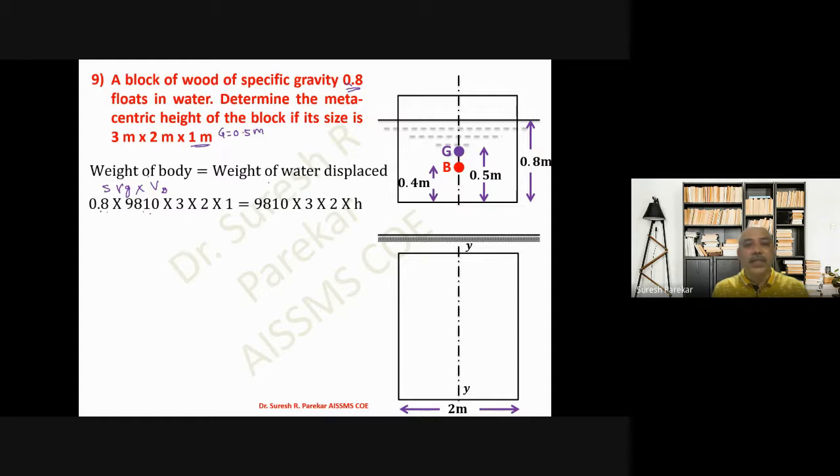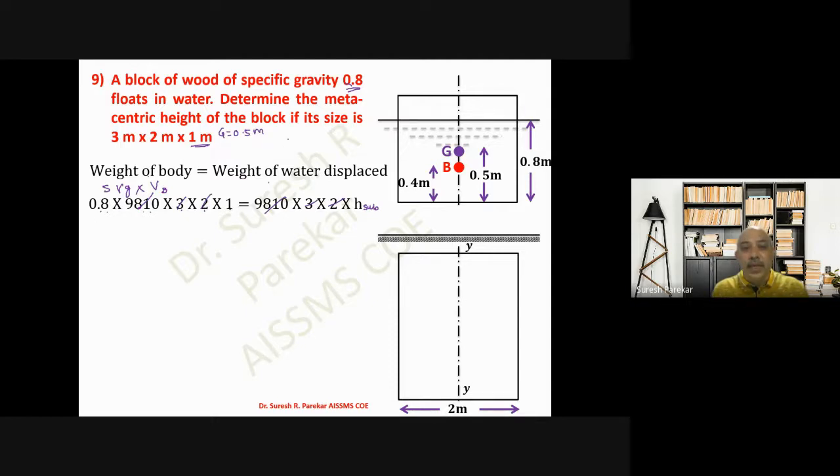Now we have 0.8 into 9810 into 3, we have length of the body, 2 meter we have width of the body, 1 meter we have depth, and from this we are going to get how much depth of body is submerged in water. And then from this we will get 9810, 3, 2 get cancelled, and we will get H submerged 0.8 into 1.